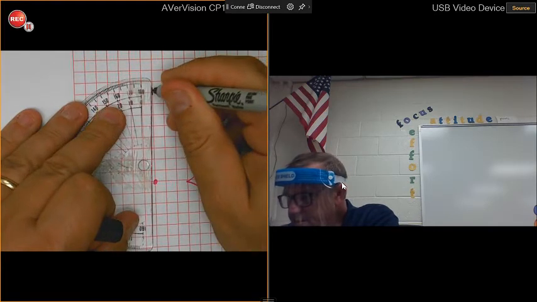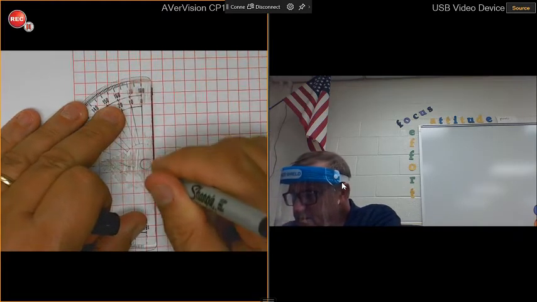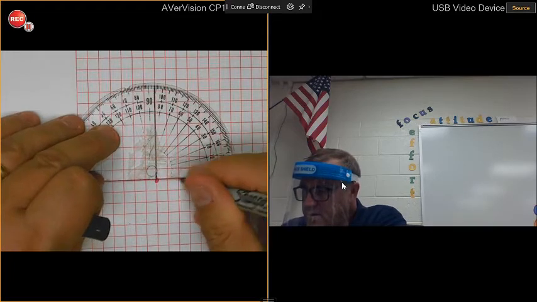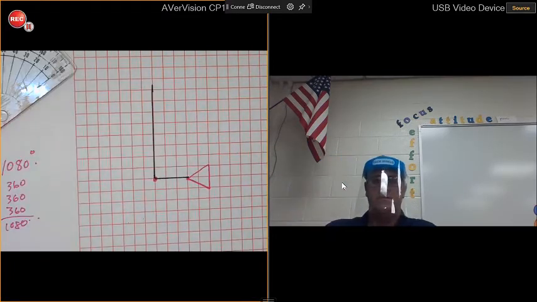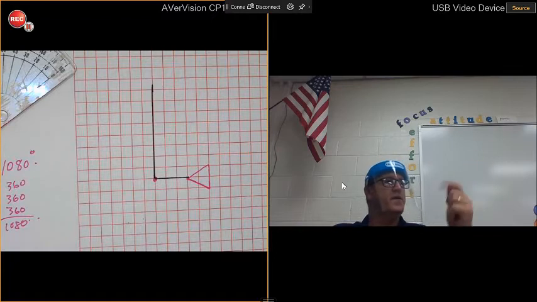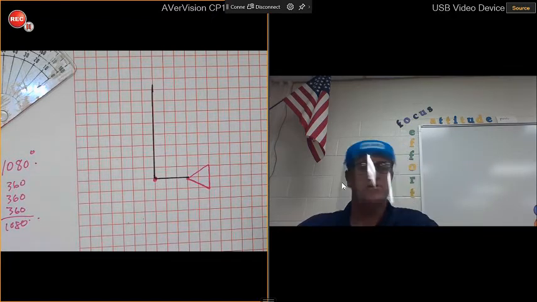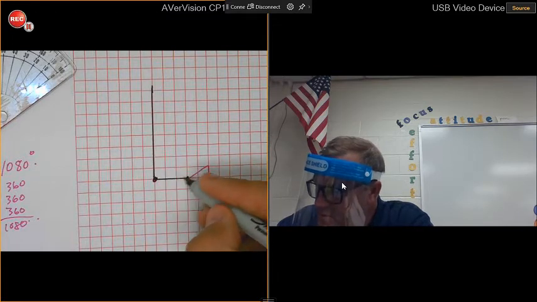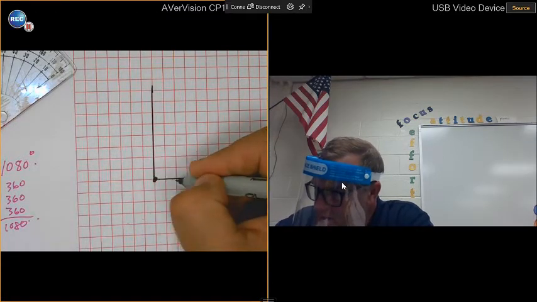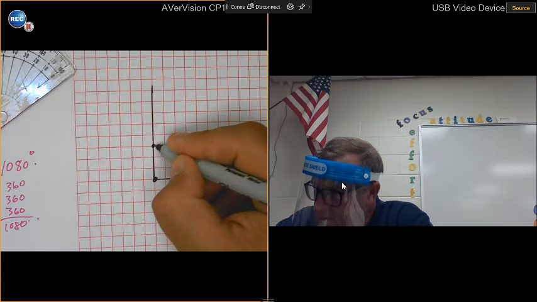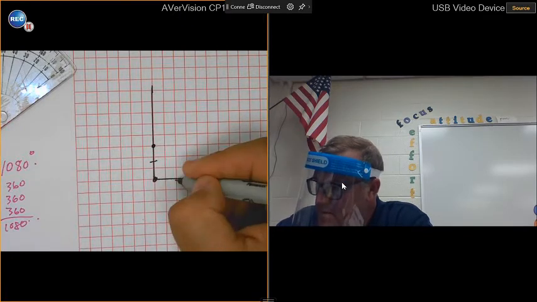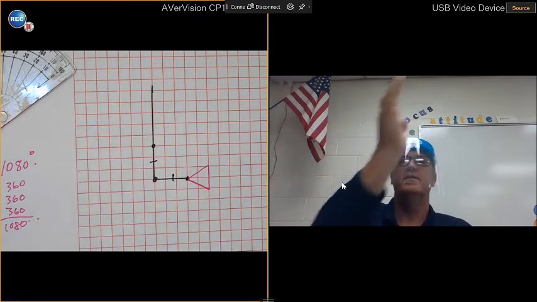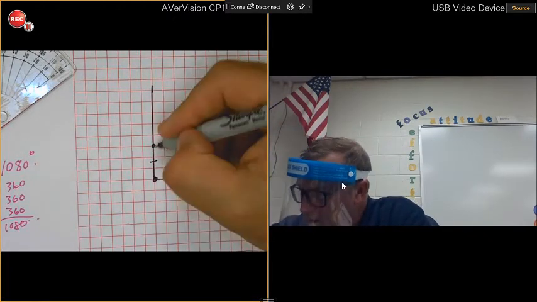And so then I've got to connect, okay, 90 degrees. So the 90 degree mark is right here, and I connected right here. So that looks like it's 90 degrees. Now the only other thing I have to do is make sure that the distance from this point to this point, which is 1, 2, 3, is the same. So 1, 2, 3. See, so now I'm moving it the same amount.